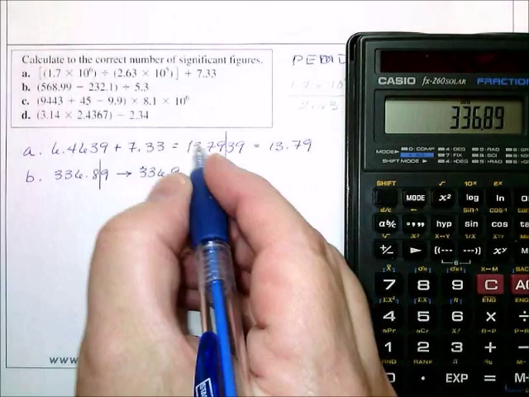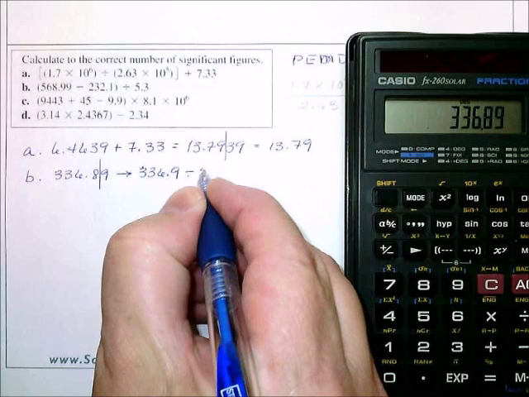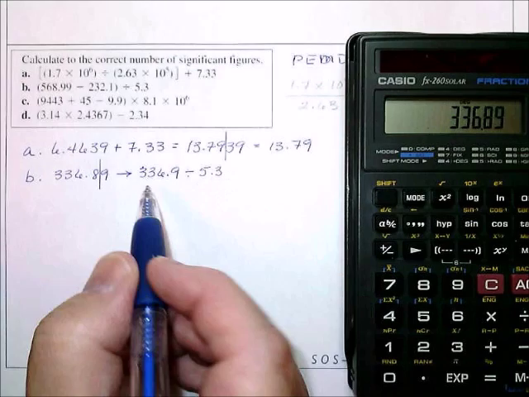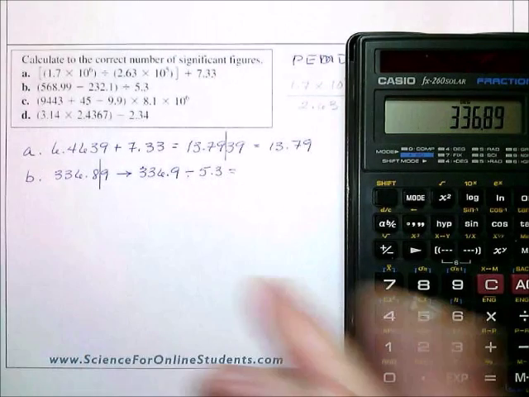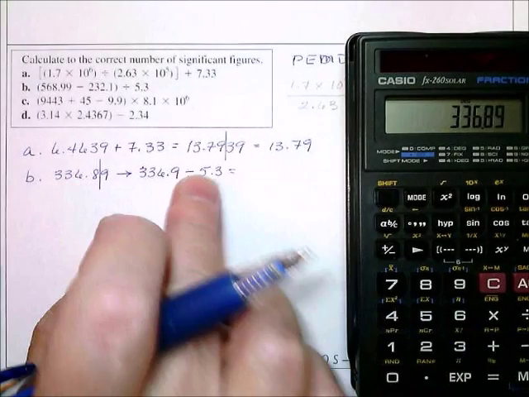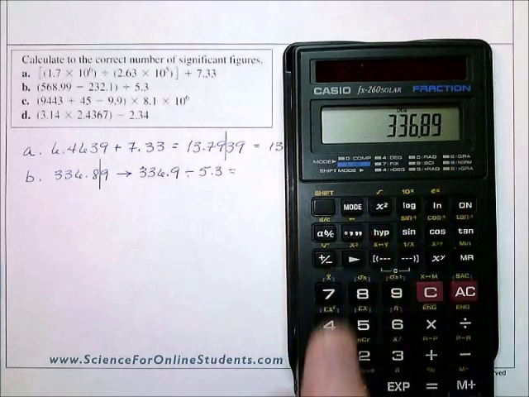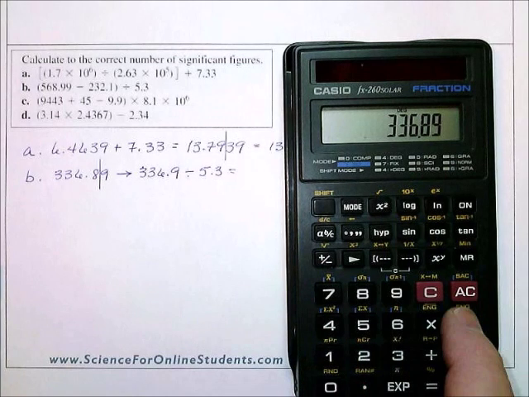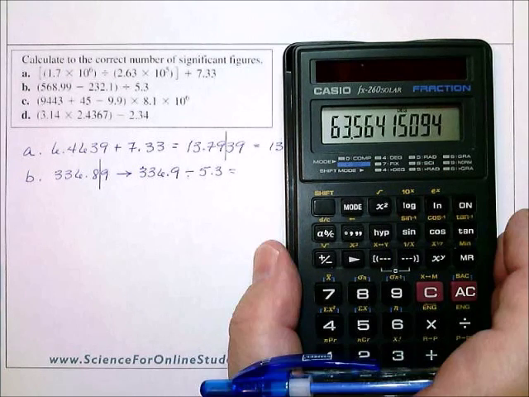Then we will divide by 5.3. So we have four significant figures divided by two significant figures. So even if we don't round over here, it's not going to make a major difference. One is not rounded, so we will divide by 5.3 equals 63.56.